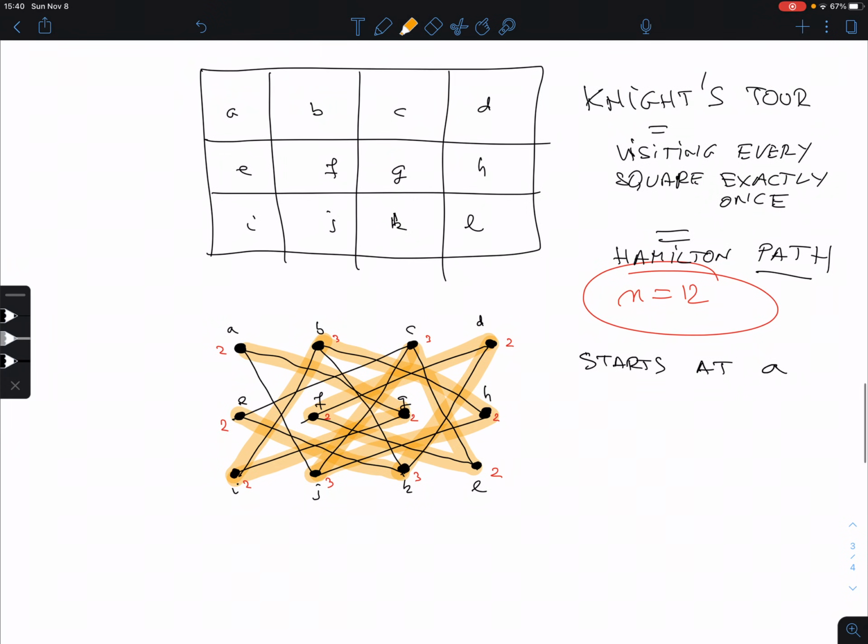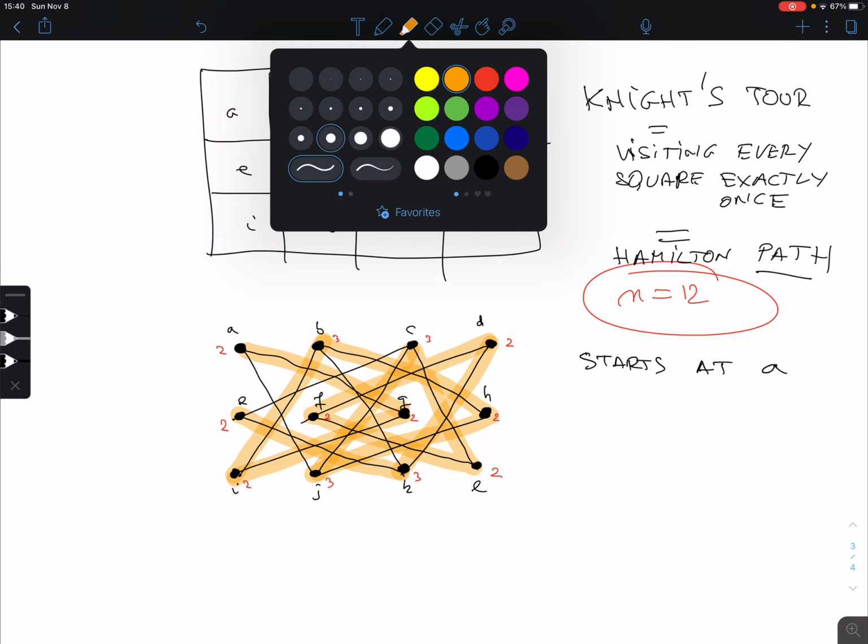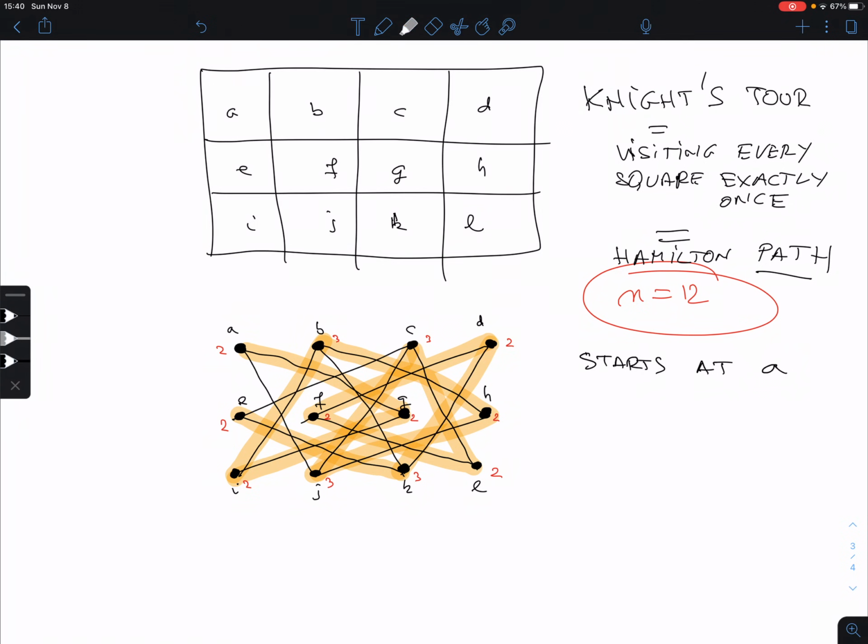Last question, just very quickly. This graph, is this a bipartite graph? Okay, so think chessboard. What is a chessboard? A chessboard has two colors, right? Black, white, black. So this is black. I'm going to make it gray.